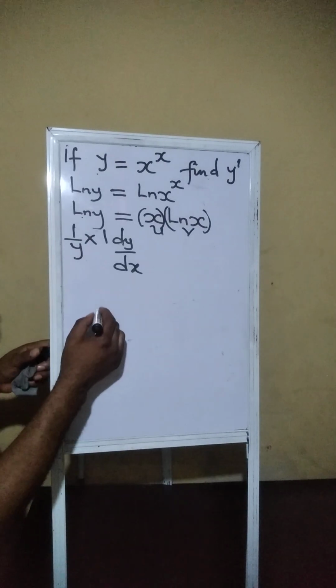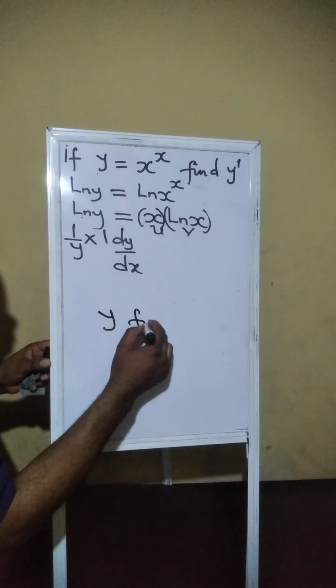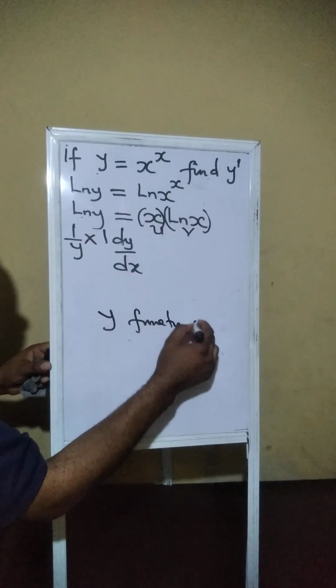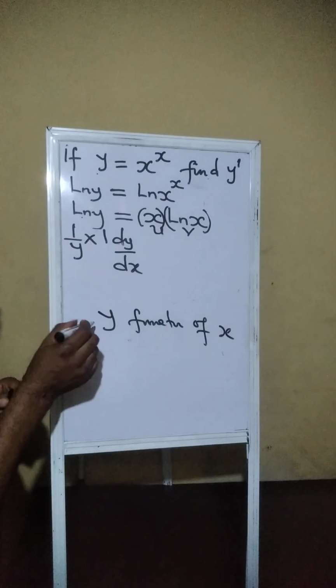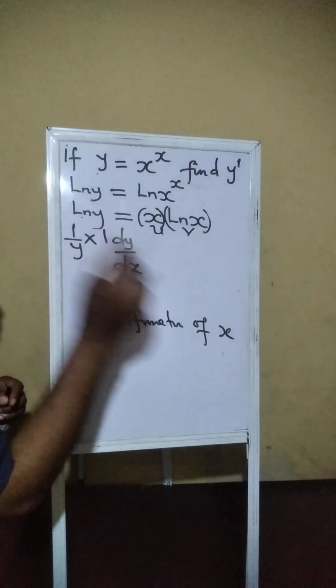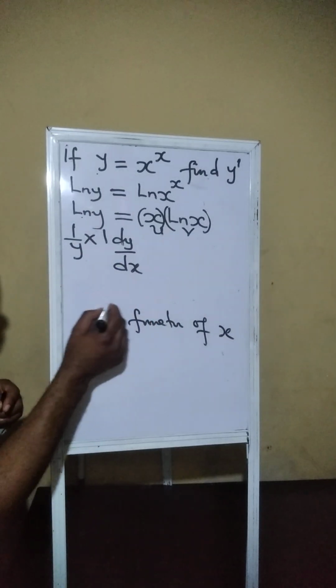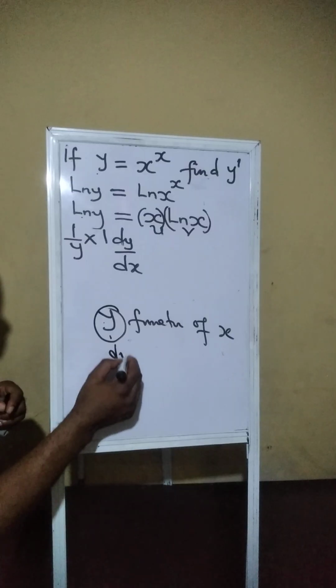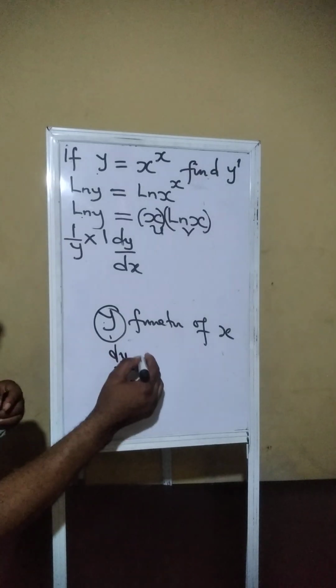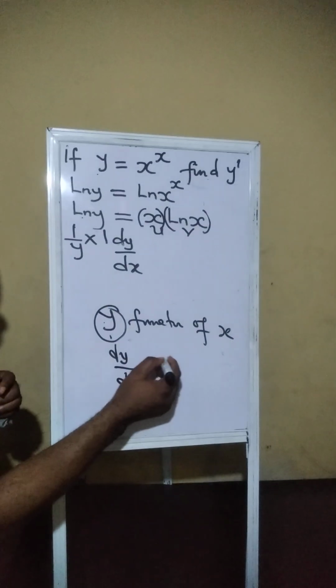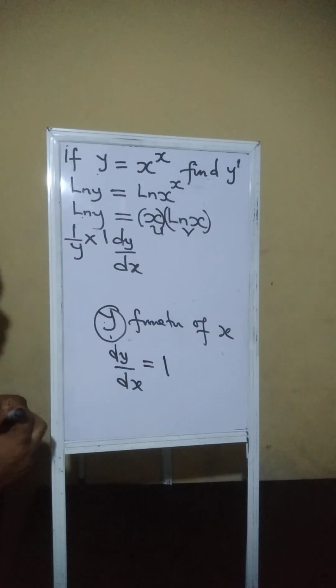The reason is that y is always a function of x. So if you are differentiating y with respect to x, the result will give you dy all over dx. Then if you are differentiating x alone, the answer is 1. Can you observe this now?